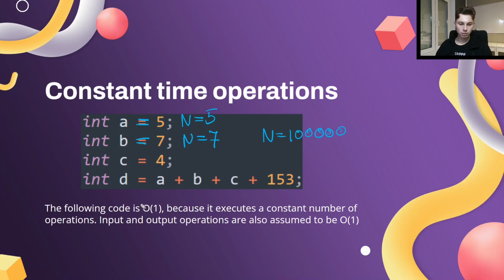We mark this as O of 1. Why is that? Well, because from the previous definitions we know that first we remove constant factors, and secondly we remove lower order terms.